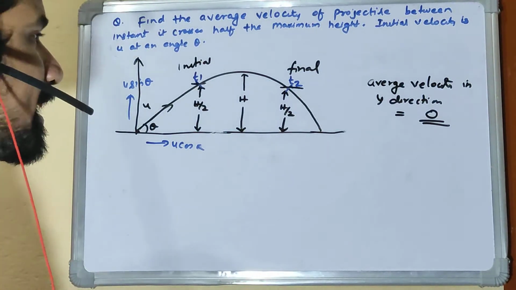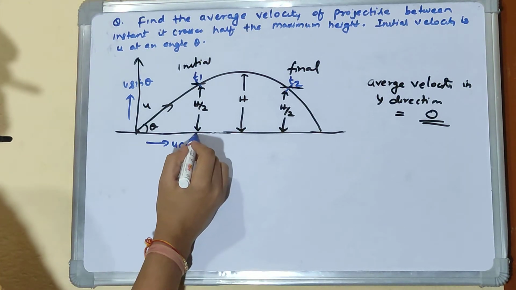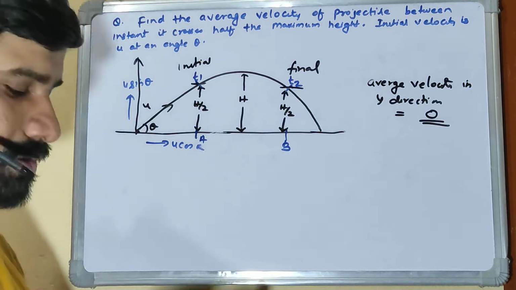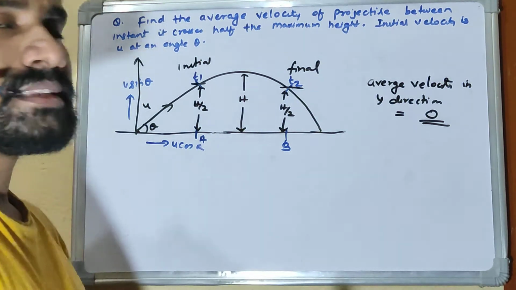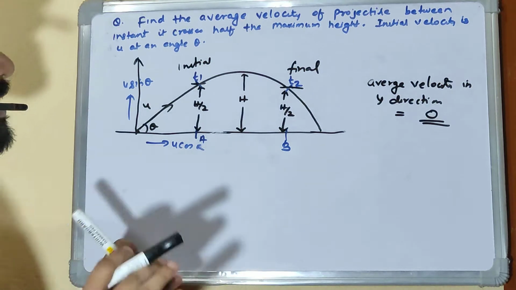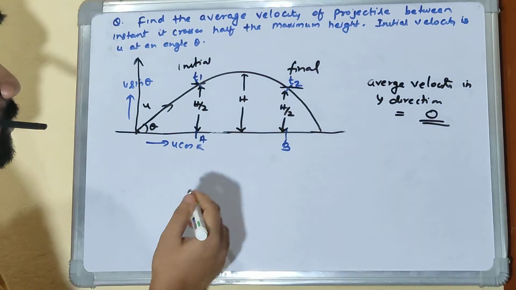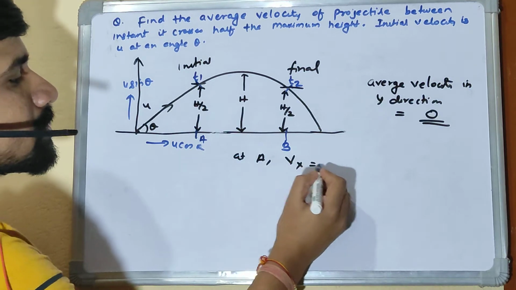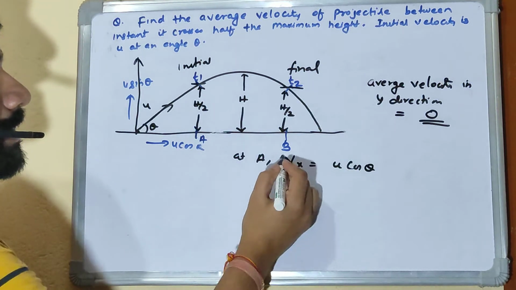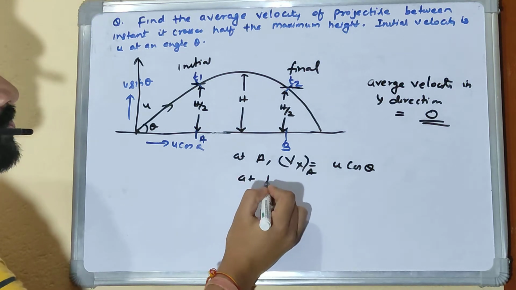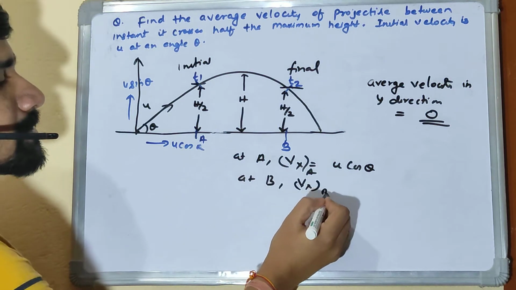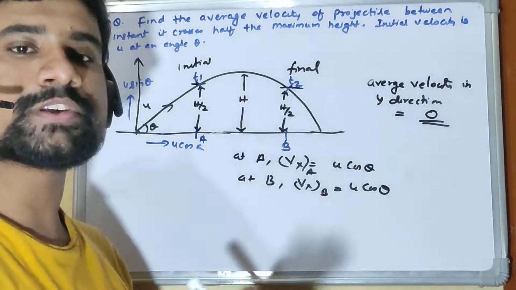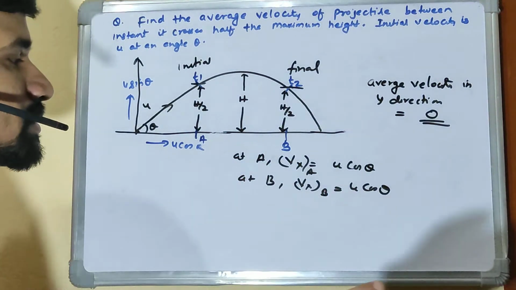What about x direction? In x direction, there is a displacement. Initially it was at, let's say, point a, now it is at point b, right? So there is a displacement along x direction. For ease, we can calculate average velocity along x direction because we know at a, the velocity along x was u cos theta. And at b also, the velocity along x is u cos theta, because the velocity along x is always constant since there is no force and hence no acceleration.